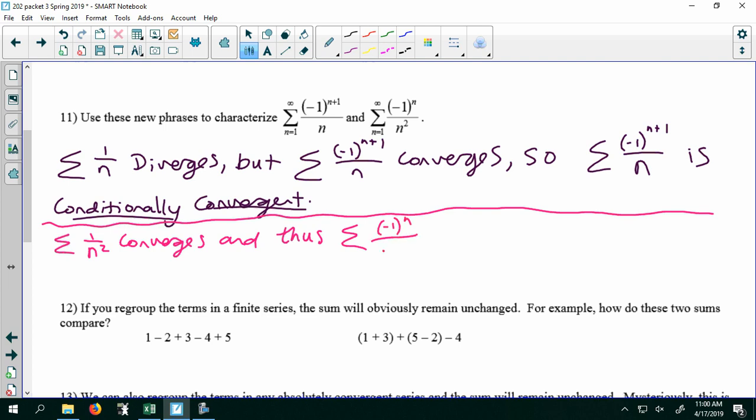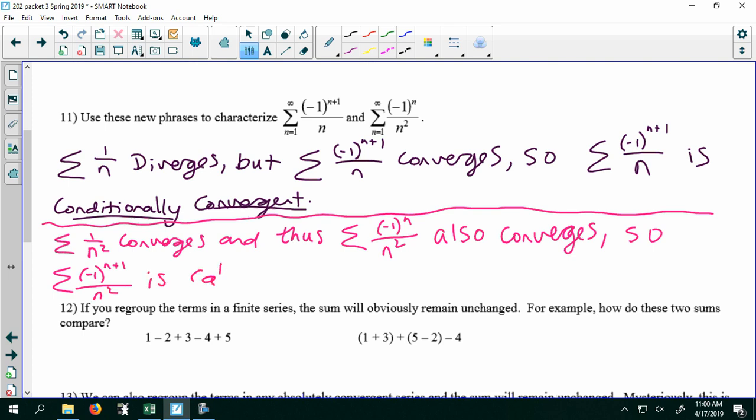The alternating version also converges, so it is called absolutely convergent, because it converges and so does its absolute value. So if a series converges and so does its absolute value, we call it absolutely convergent. If a series converges but its absolute value does not, we call it conditionally convergent.